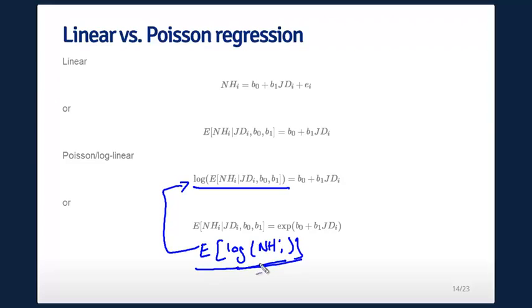This guy logging the outcome is a model on that, whereas this guy is a model of the log of the expected value. So in the Poisson model, the coefficients are naturally interpreted in terms of the expected values of the outcomes. The geometric mean is naturally interpreted in terms of the expected values on the log scale. So that's the difference between logging your outcomes and fitting a model where the linear predictor is on the log of the mean.